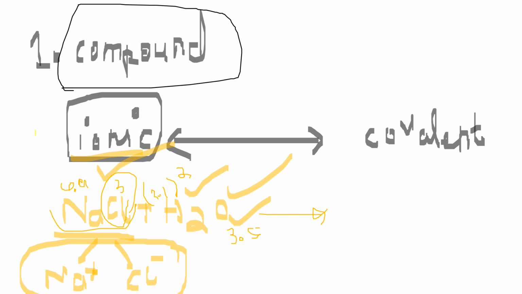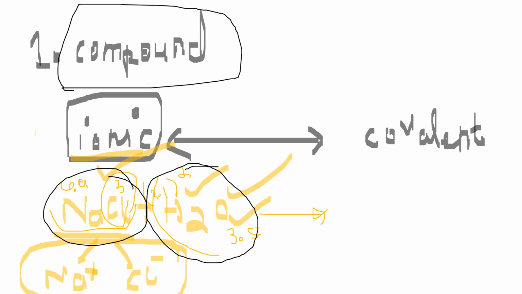If we compare the electronegativity of H2O with the electronegativity of NaCl, which is more electronegative? Of course, the water. The water is more electronegative. That's why it breaks the Na and Cl into ions. That is what is called an ionic bond.